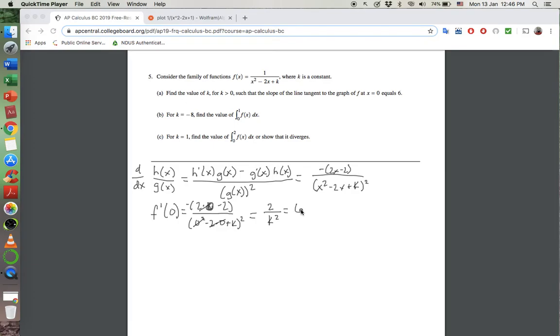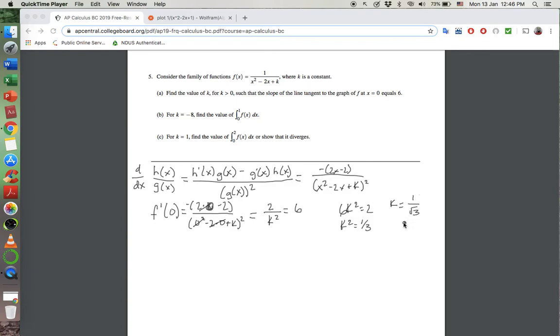So we'll say this equals 6, and so we'll just do some simple algebra here. Multiply both sides by k squared, so we've got 6k squared is equal to 2, then we'll divide by our coefficient. We get k squared is equal to 2 over 6, or 1 over 3. Then we'll take the square root of both sides, and we get k is equal to 1 over root 3.